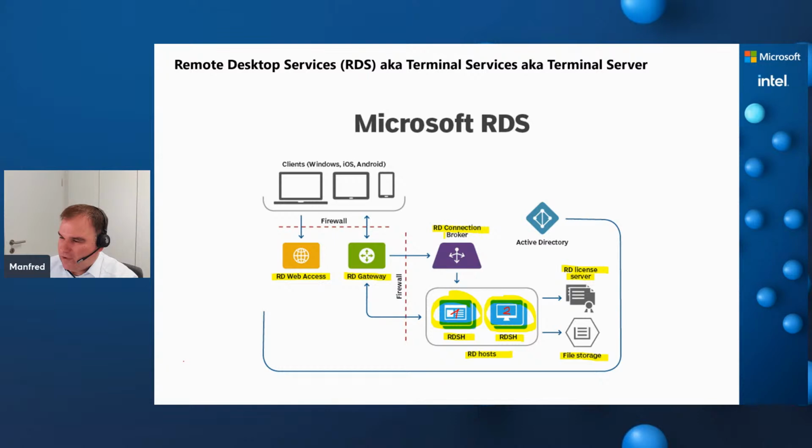And we have the RD Connection Broker. The RD Connection Broker is the component that ensures that our connection that maybe was closed or was lost is reconnected to our initial session. So this is the connection broker. It's always in combination with Active Directory for authentication.